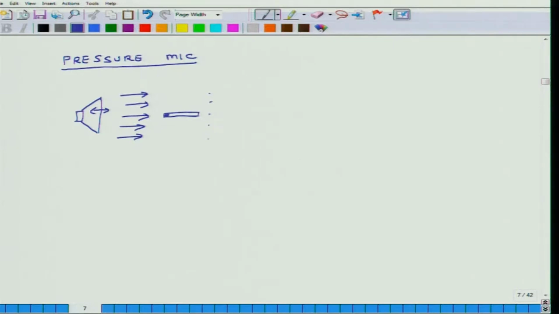The pressure, we think, should be the same. So this is the application for a pressure mic, where pressure is directly in front of the moving diaphragm.